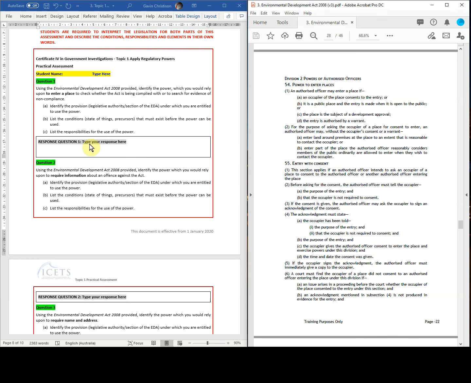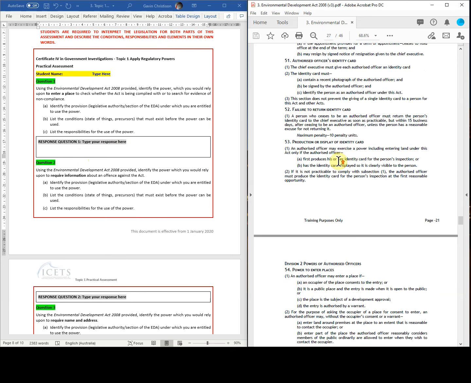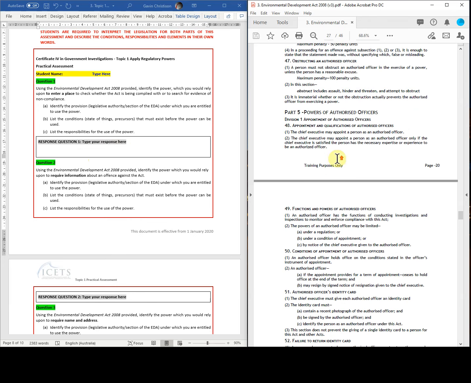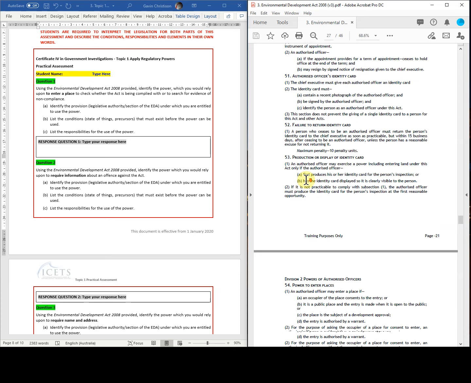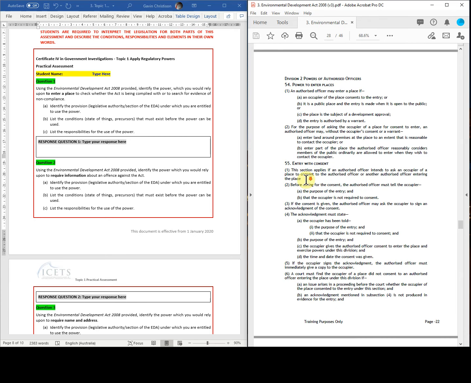An authorised officer under the Act relates to being appointed under section 48 of the Act. So the first part to write in relation to conditions is that you must be an authorised officer under section 48 of the Act.